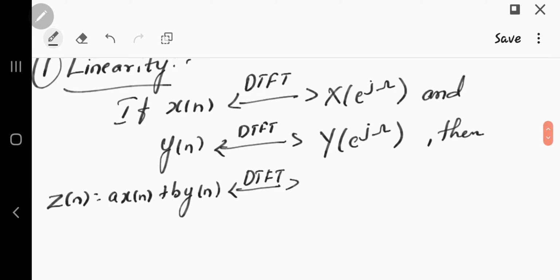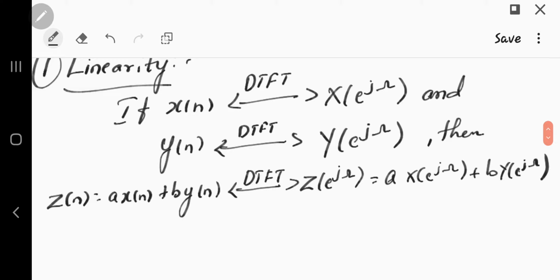We can use some other variables as well. This is denoted by a X of e power j omega plus b Y of e power j omega. So this is the definition of linearity.